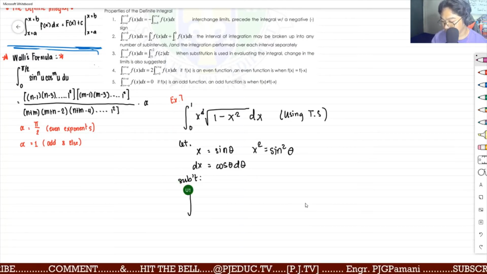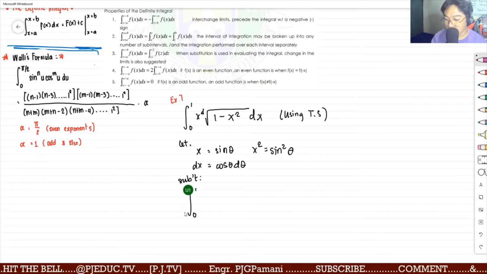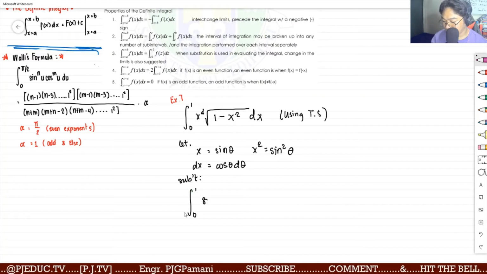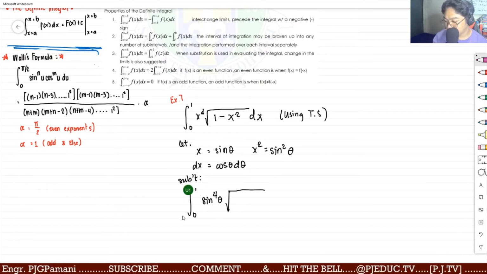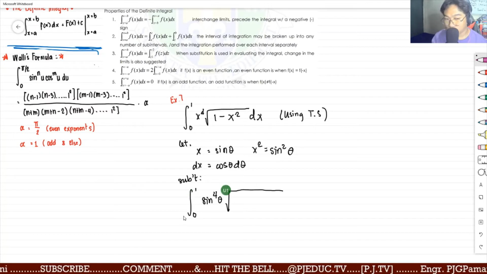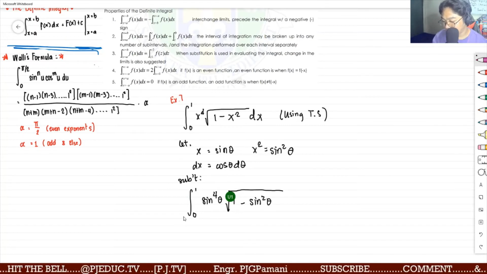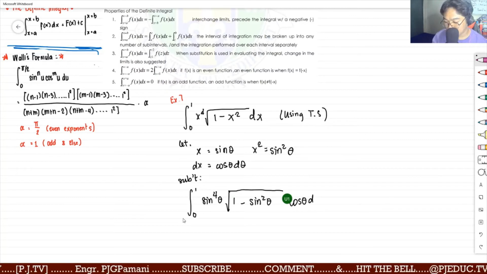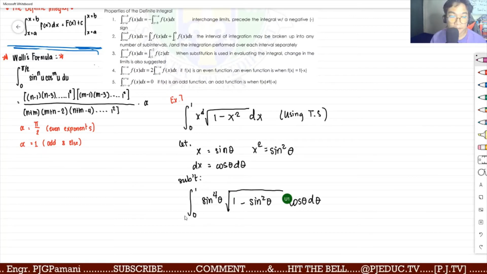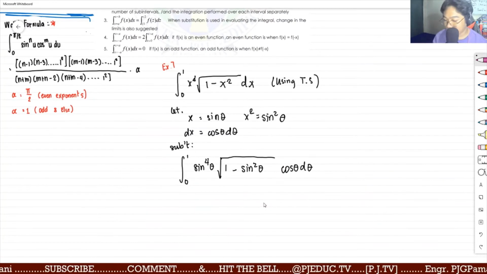that is now integral of 0 to 1 of sine raised to the 4th theta times the square root of 1 minus x squared sine theta, sine squared theta, and dx is cosine theta d theta. Simplify na natin yan.